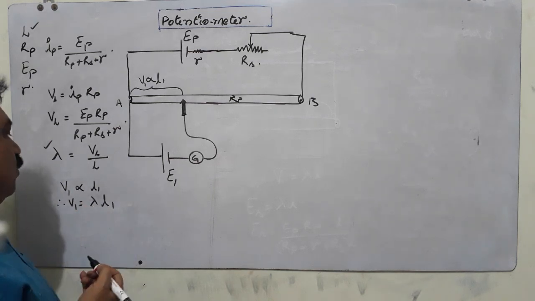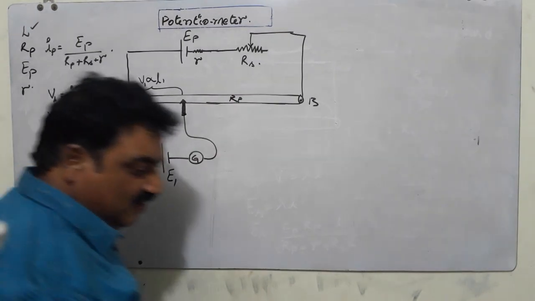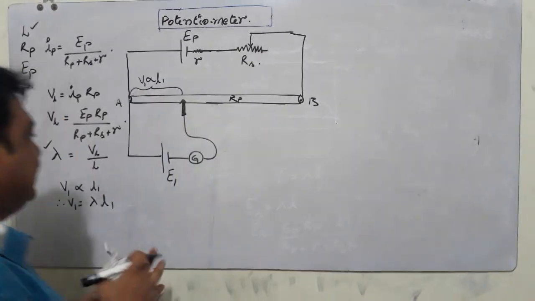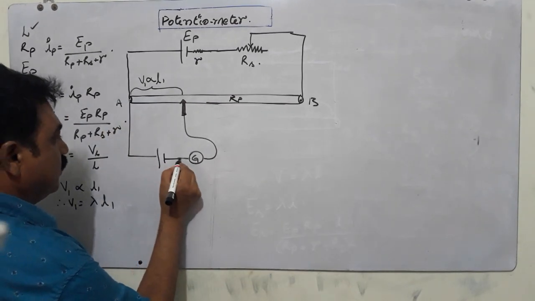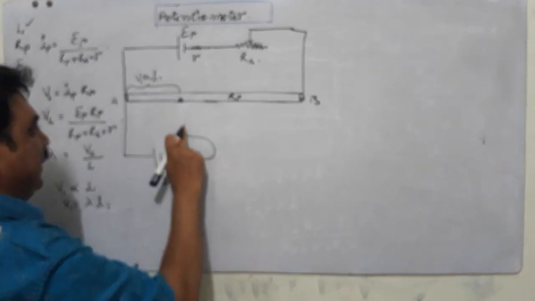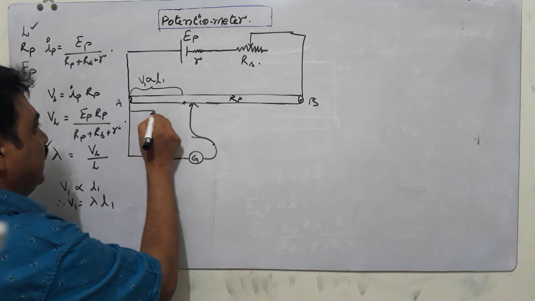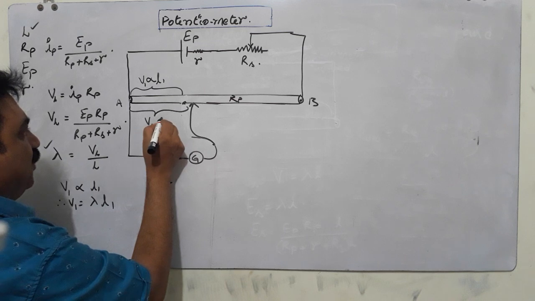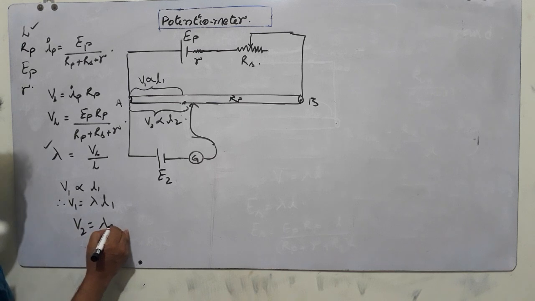And if you want to compare this EMF with another cell, then we have to connect another cell to this circuit, just like this, whose EMF is E2. And now the balancing length changes. If the EMF is greater, the length will be increased. Now the potential drop across this wire is V2 proportional to L2, and that V2 is equal to lambda L2.